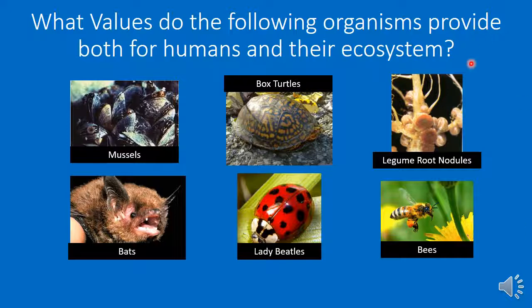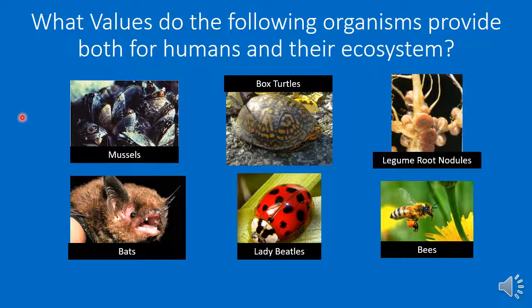So mussels, I'm not sure what species this is, but mussels play a big part in cleaning up water, right? So they're filter feeders. They filter the water. And we've seen, like in Chesapeake Bay, they've reintroduced oysters, and they had really bad water quality in Chesapeake Bay from the Chesapeake River, from all the pollution, and they put all these oysters in there, and then boom, they're cleaning it up.